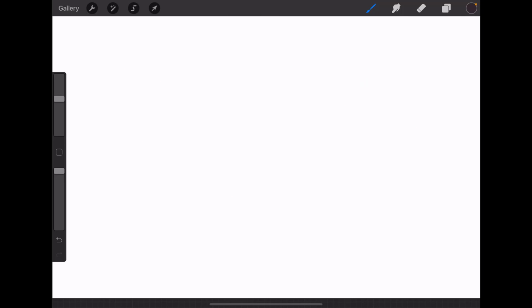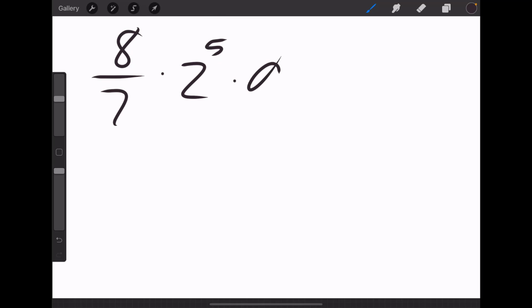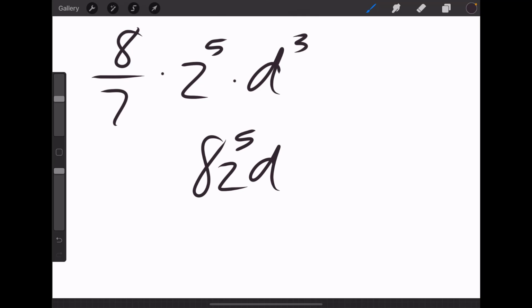When I rewrite that, I end up with 8/7 times z to the fifth times d to the third power. And since z to the fifth and d to the third power are both positive exponents, they're going to be part of our numerator. So we're going to end up with 8z to the fifth d to the third over a denominator of 7.